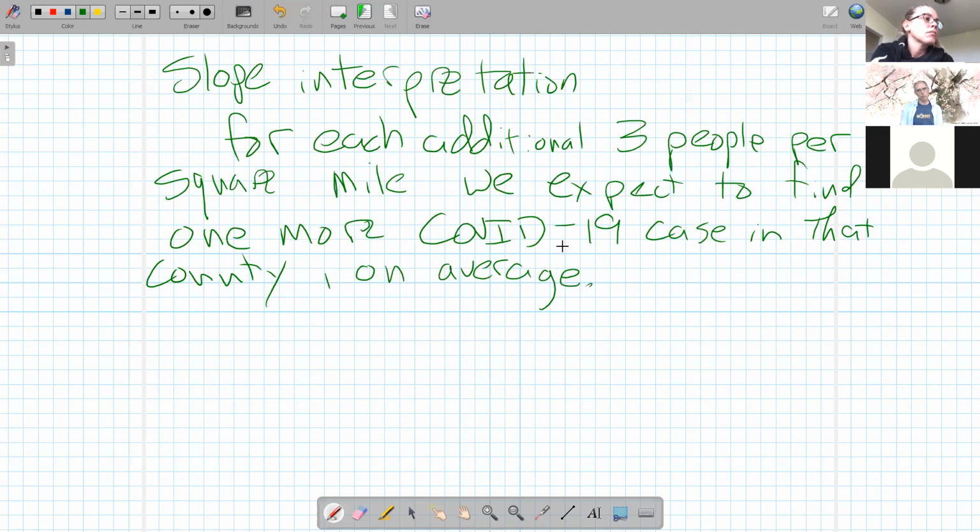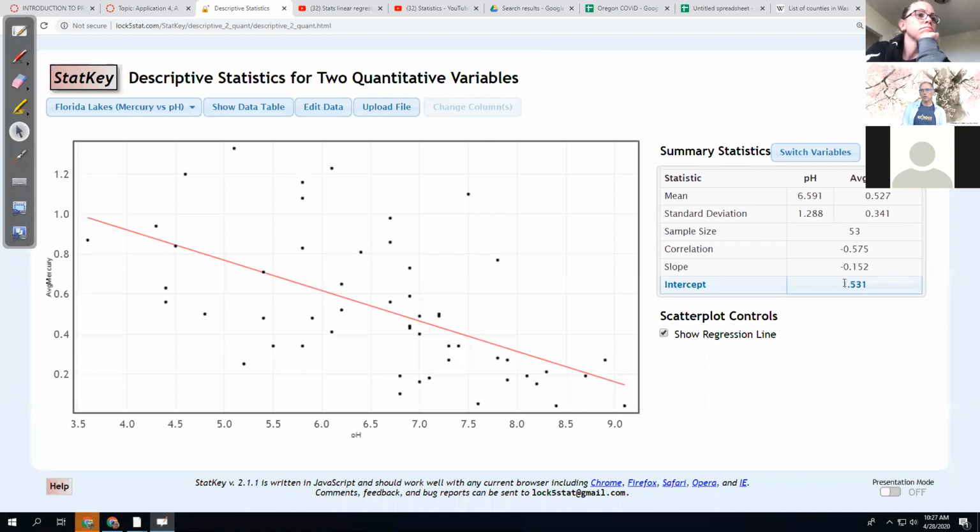So that's what the slope means, and it tends to be more important. So important things about these linear regressions: the slope is an important number, and the correlation coefficient is an important number. The correlation coefficient just says, is there some mathematical trend to the way these points lay out? And this says there's a medium correlation. It's not that strong, it's not that weak, and it's downhill is what the negative tells me.